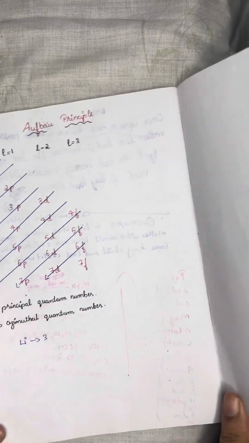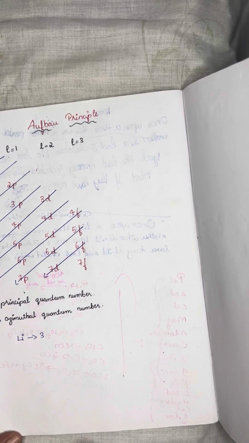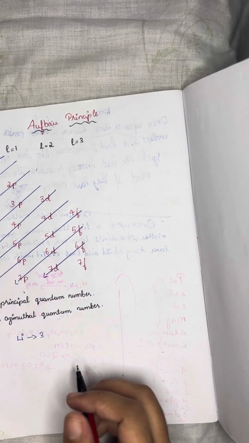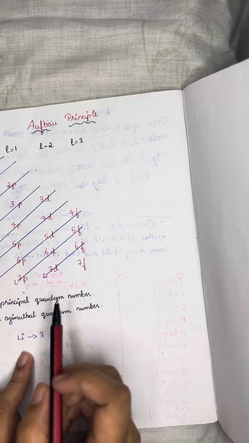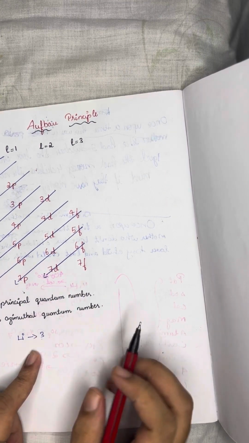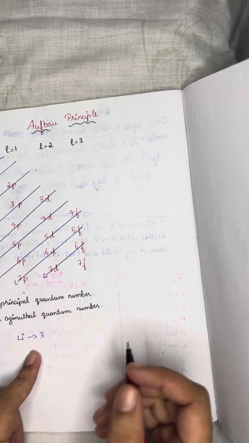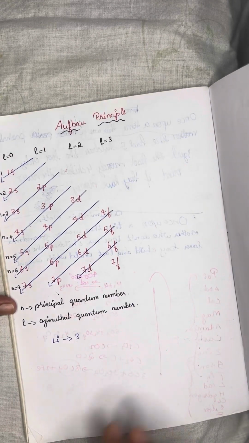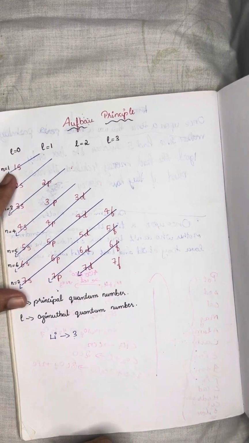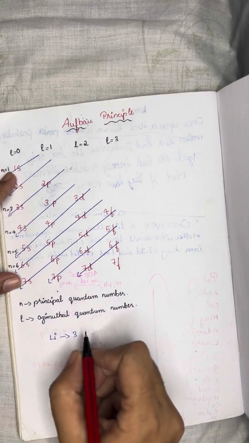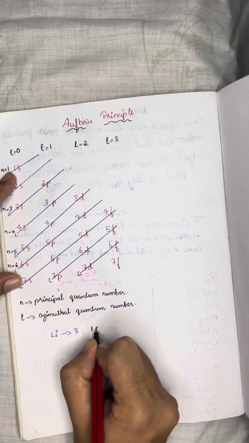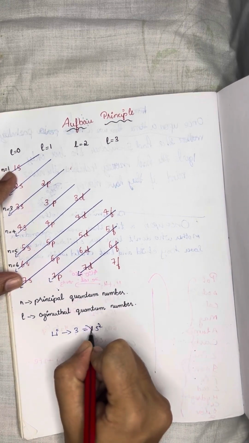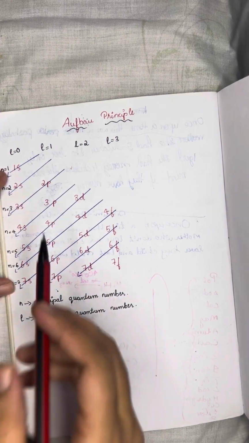And now let us see how to write the electronic configuration for various elements, which will be asked in your exam. For example, let me consider the first element, lithium. You know the atomic number of lithium is 3, right? So let me write the electronic configuration. First we have to follow the Aufbau principle, that is the arrow mark which I have given.